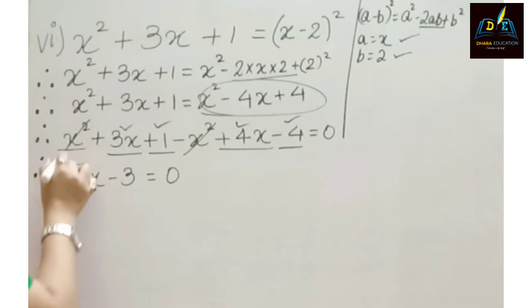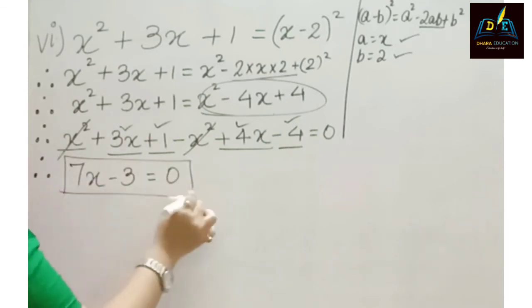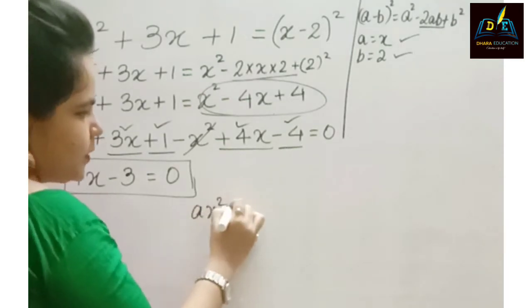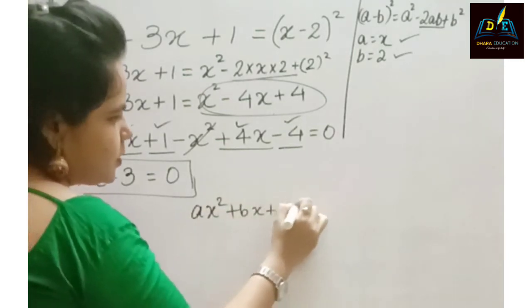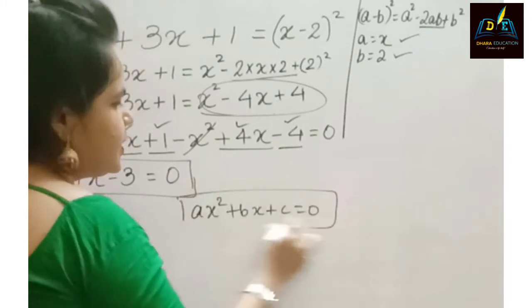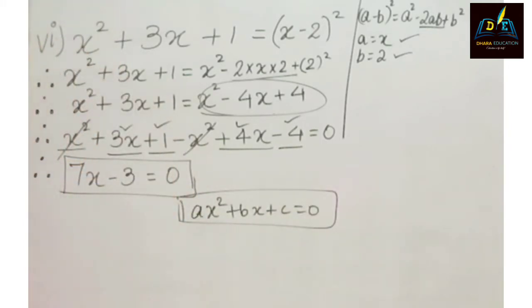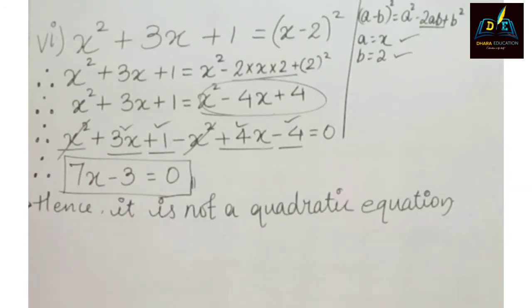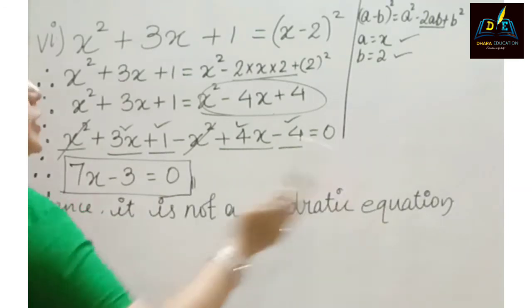You have to identify whether this last step is of the form ax square plus bx plus c is equal to 0 or not. Is this condition fulfilled? No, we cannot see the x square term. Hence it is not a quadratic equation.